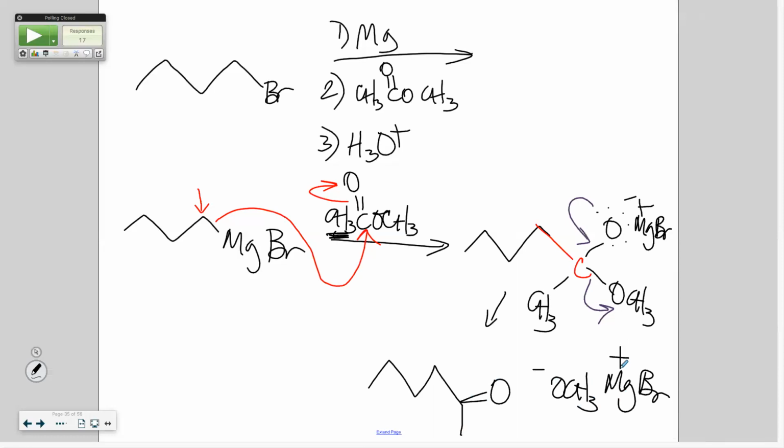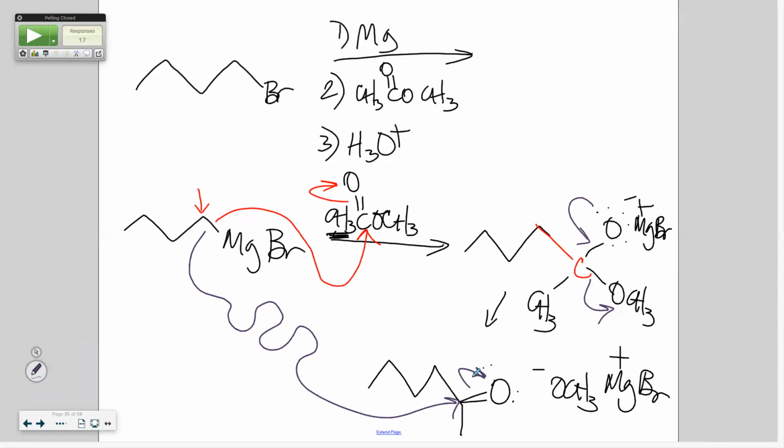I'm not too worried about the MgBr plus, but I think your Sapling likes it, so I'm making you write it so that you remember it. Now what happens? Are we done? We ain't done yet. A second one of these goes where? To the carbon of the carbonyl on the ketone.